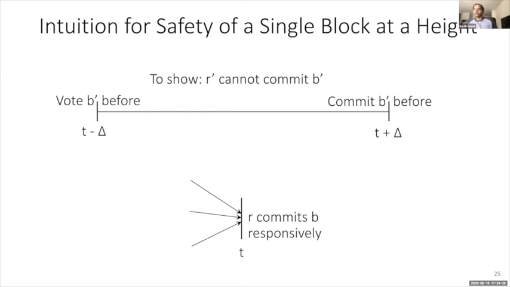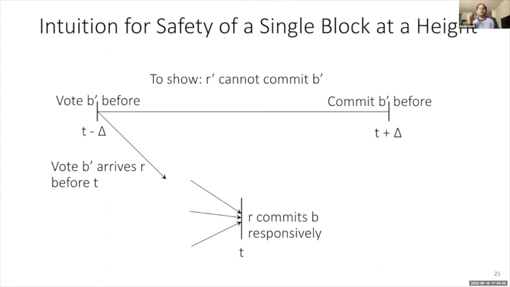If it is committing using a synchronous rule at some time before t plus delta, because of the 2 delta wait, R' should have voted for this block before time t minus delta. And this vote should arrive at replica R before time t. And that would have stopped replica R from committing.